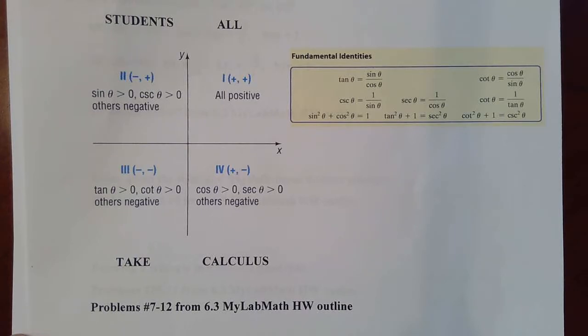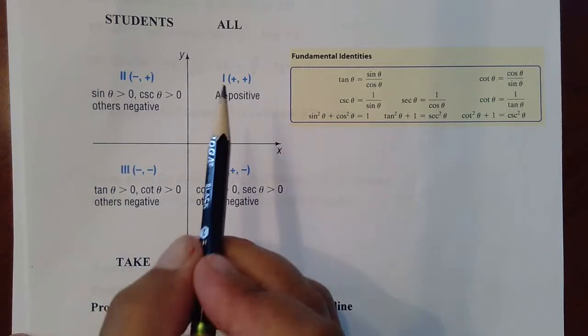The Y value is the leg that runs vertically up and down, and the X value is the horizontal leg. So you need to know when to attach a positive to your X and when to attach a negative, likewise for the Y value, and that's what this is about.